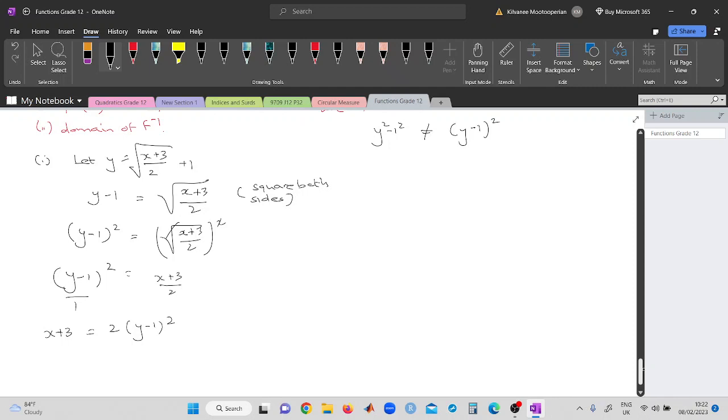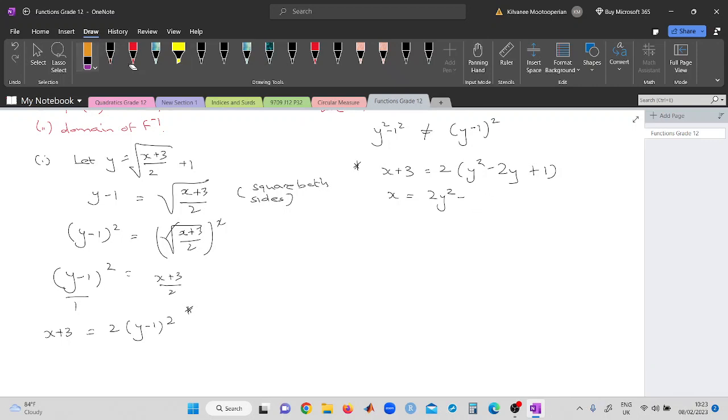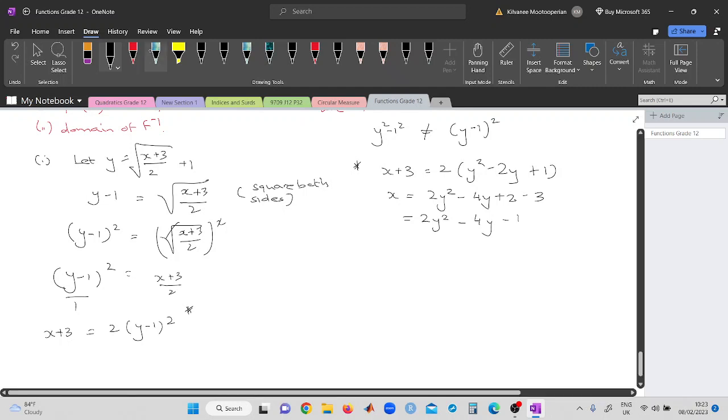Let me continue here: x plus 3 equals 2y square minus 4y plus 2. Now there is a plus 3, so we go to the other side. That gives x equals 2y square minus 4y minus 1.